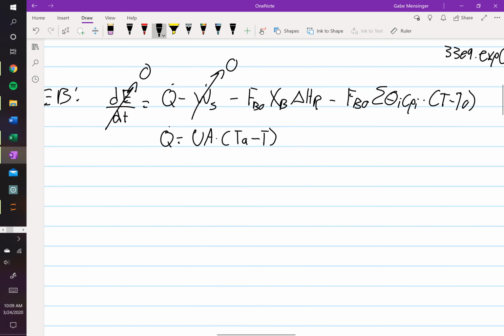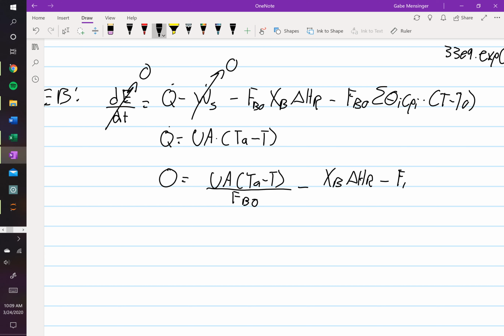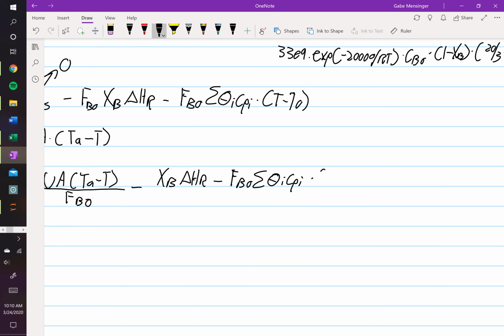So subbing in our zeros, solving for a couple things, we have 0 is equal to UA times TA minus T, over FB naught, minus XB delta HR, minus FB naught CPI times T minus T0. In general, delta HR is a function of temperature.